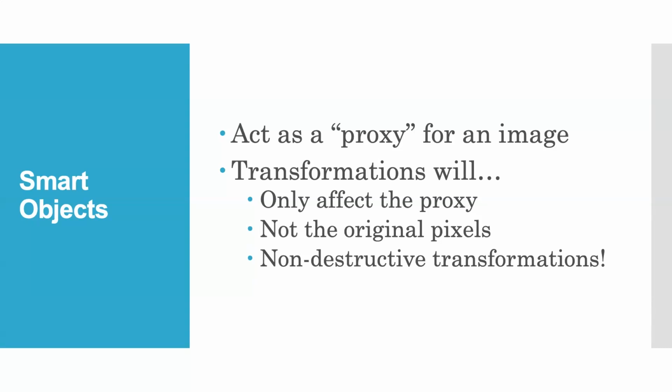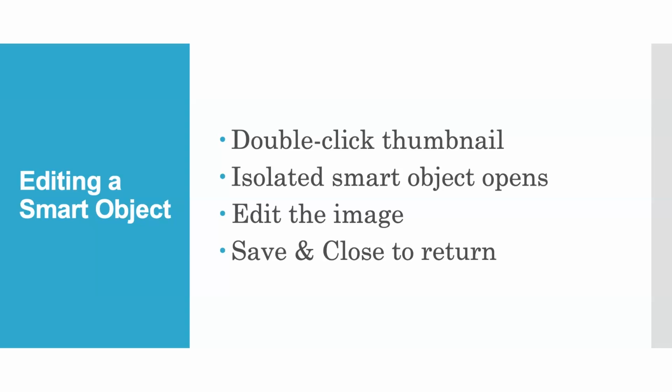Transformations will only affect the proxy, not the original pixels, and they're a non-destructive way to do transformations. Remember when we made it too small and then we enlarged it? The original pixels were still there, so we didn't get those blurry pixels when we bumped it back up to size. And we learned how to edit a smart object. You just double-click on it, and the isolated smart object will appear. You can edit the image however you want, and then you just close it, and it'll ask you if you want to save, and you do.